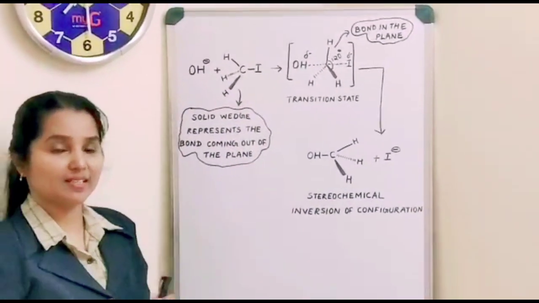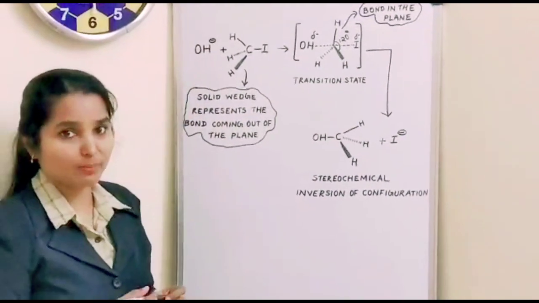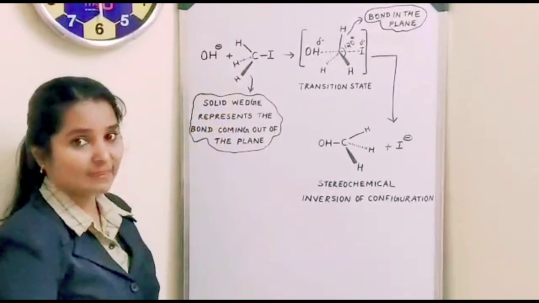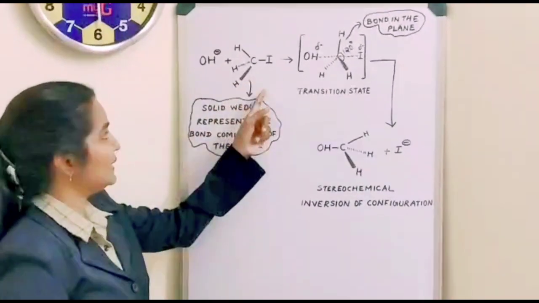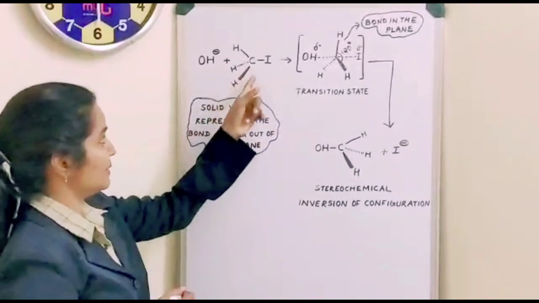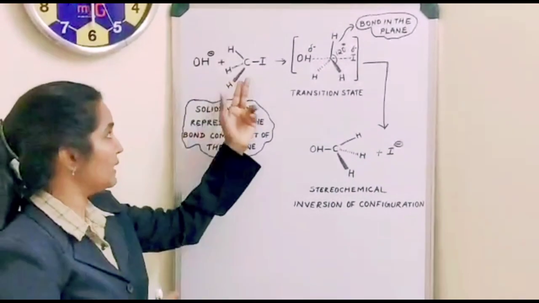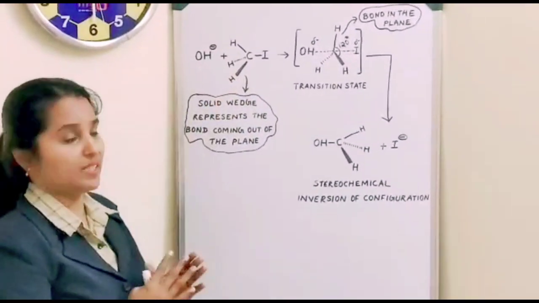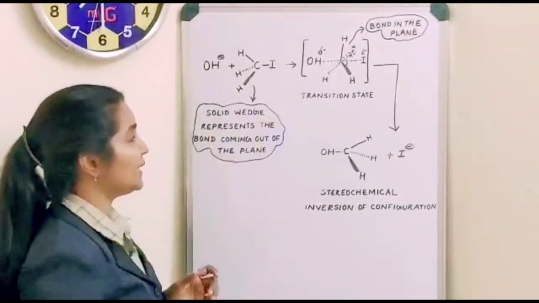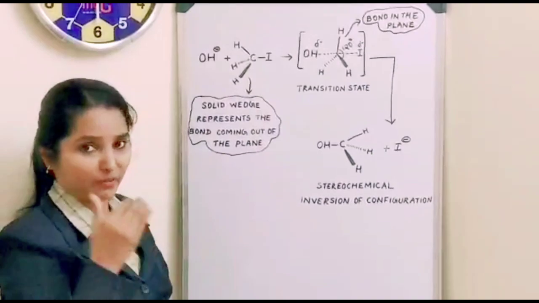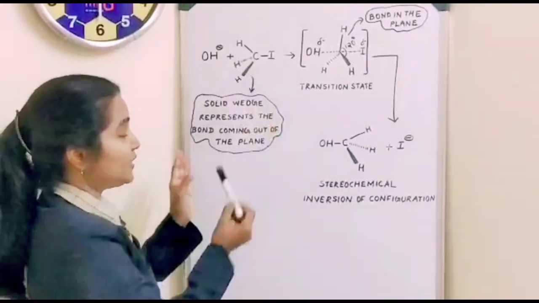So this is the mechanism of SN2 reaction. In this reaction, we are explaining the reaction between the nucleophile OH minus, the hydroxide ion, and methyl iodide, CH3I. Here the methyl iodide is explained in a 3D arrangement, which you have already learned in your class 11. Here we have a solid wedge.